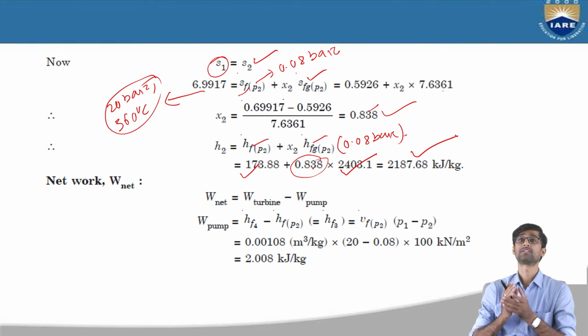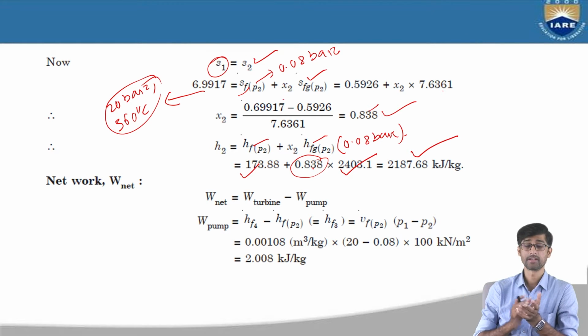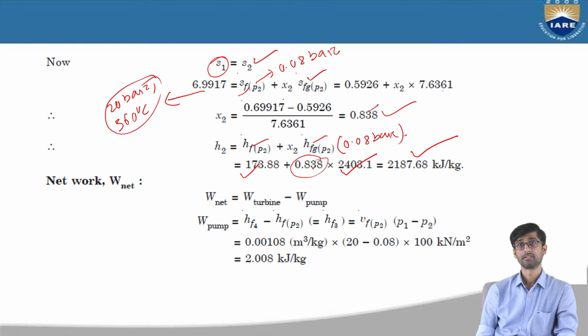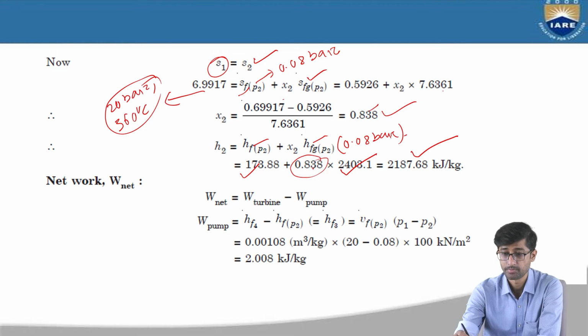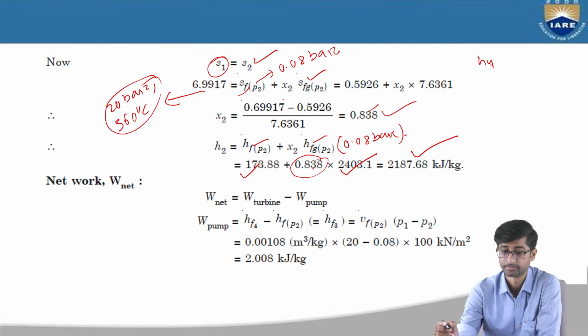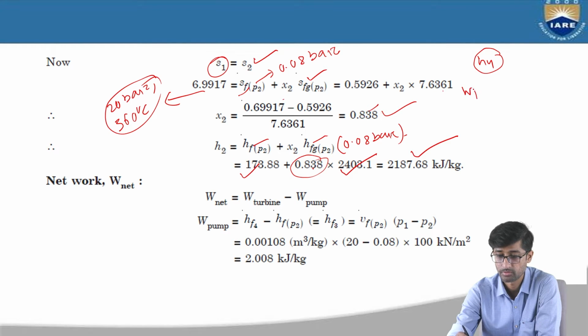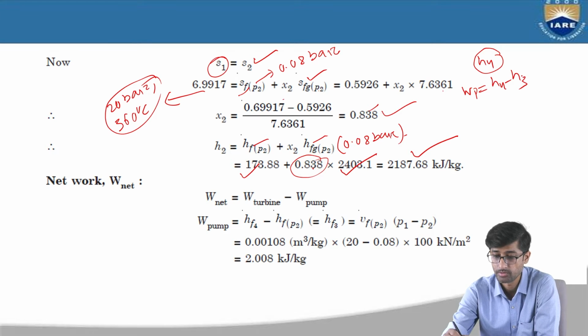Now, we have calculated H2, H1 and H3, right? The only unknown is H4. How to calculate H4? This should be calculated from pump work. Pump work WP is equal to H4 minus H3, or we can write it as V3 into P4 minus P3.